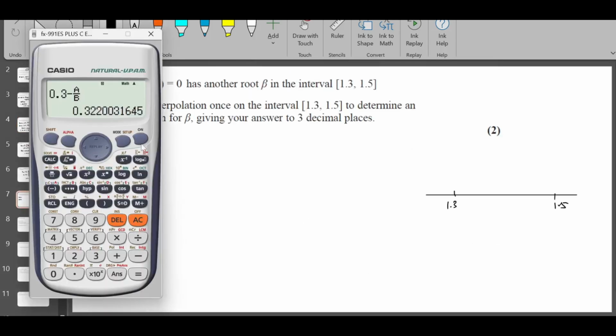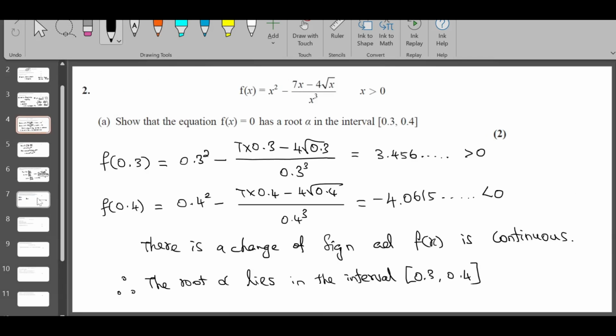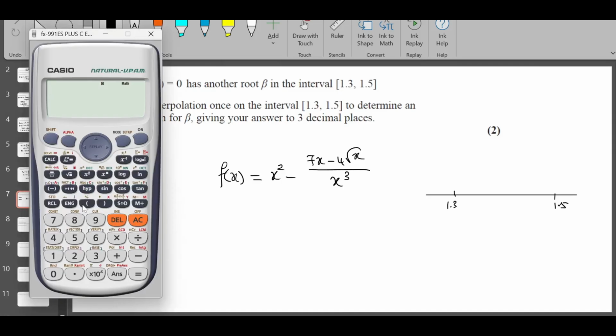So f of x is equal to x square minus 7x minus 4 root x over x cubed. So f of 1.3 is 1.3 square minus 7 times 1.3 minus 4 square root of 1.3 divided by 1.3 to the power 3. You get a negative number, so I'm going to store this value as c.